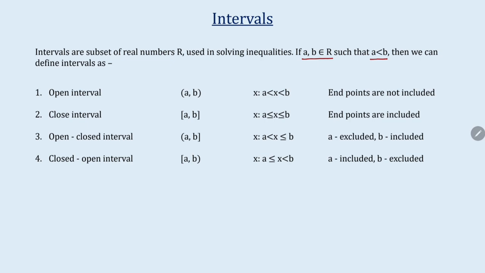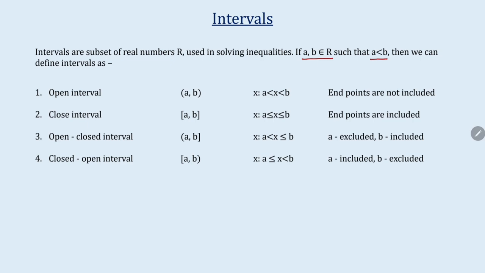Next is the closed interval. This is similar to the open interval, except that endpoints a and b are included. So any number which belongs to the closed interval ab can be anywhere between a and b, and it can be a and b as well.